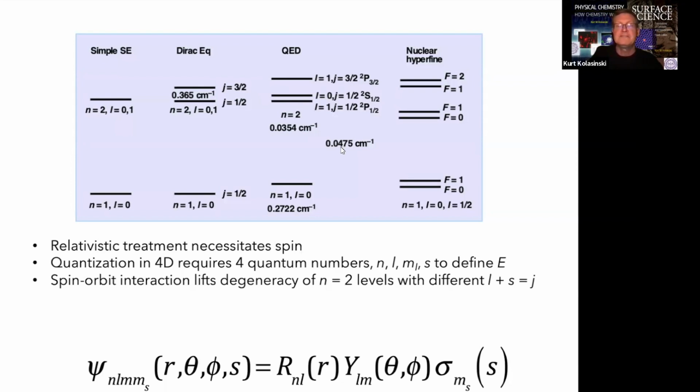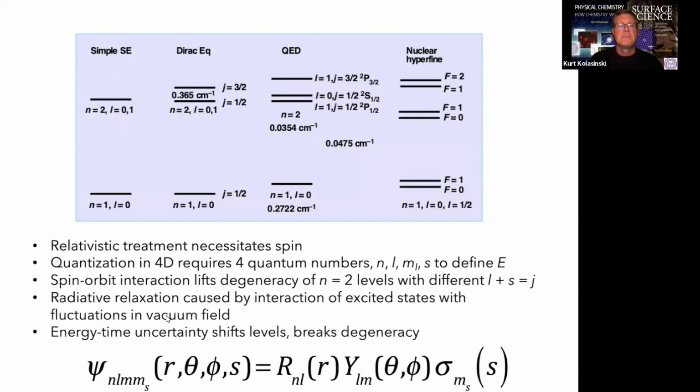What QED found is that radiative relaxation, right? So fluorescence or phosphorescence, the spontaneous emission out of these levels back to the ground state, is caused by the interaction of these excited states with fluctuations in the vacuum field that fills all space.